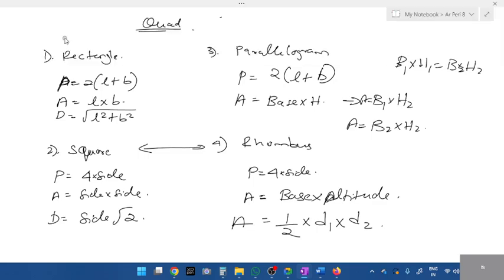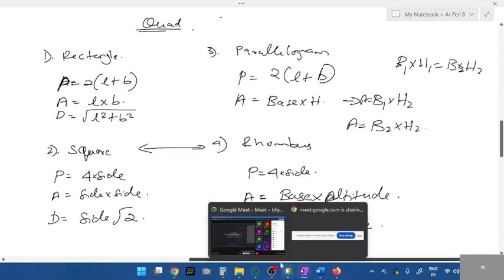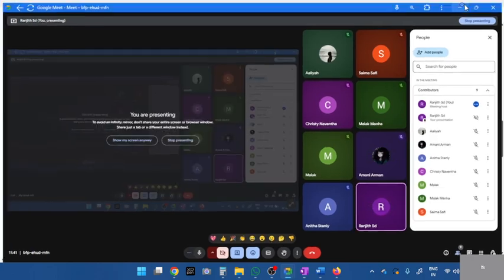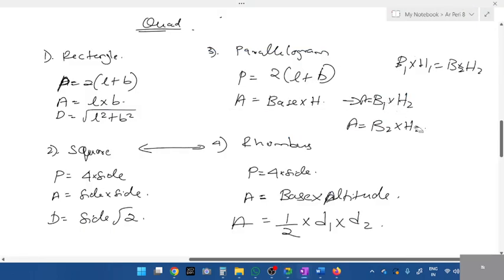I have just gone through all this: rectangle, parallelogram. All of you will remember this. Any doubts in the formula, students? Why do you multiply? What is D1, D2? Don't write. Respond. Completed? I mean, did you all go through this?